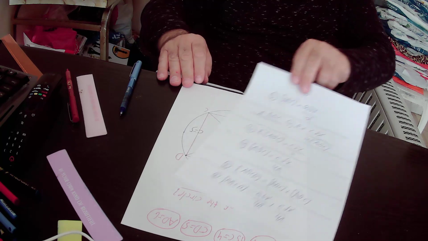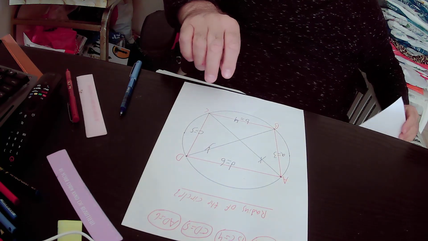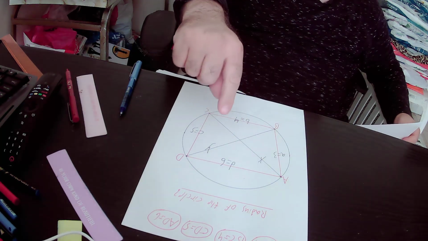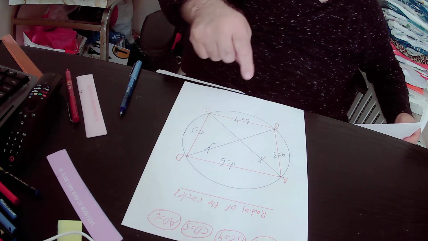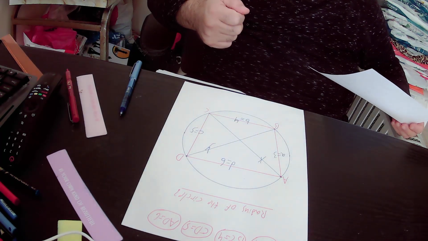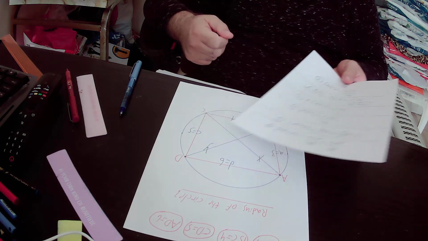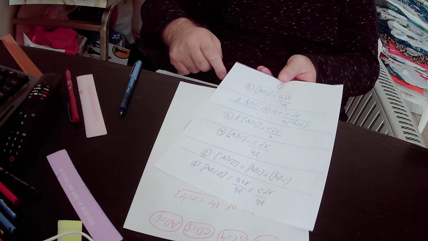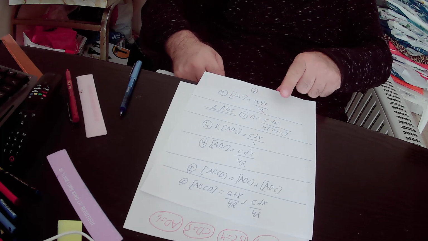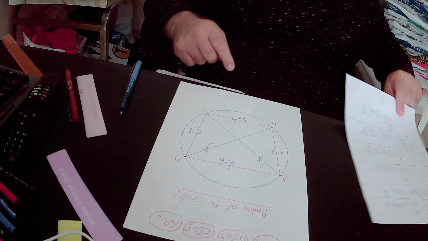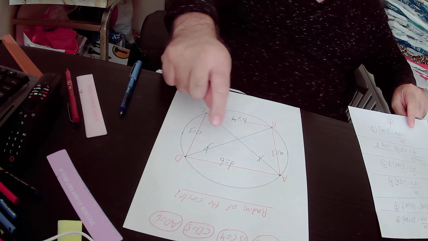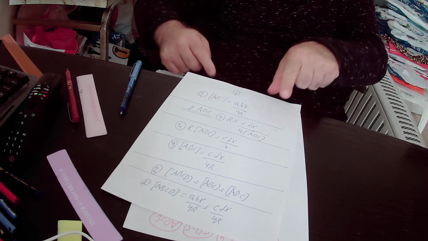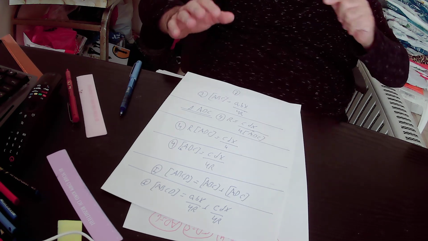Then we focused on triangle ADC. This triangle is inscribed in this blue circle. Therefore, according to rule number 3, the radius of the circle that circumscribes triangle ADC will be equal to C times D times X over 4 times the area of triangle ADC.